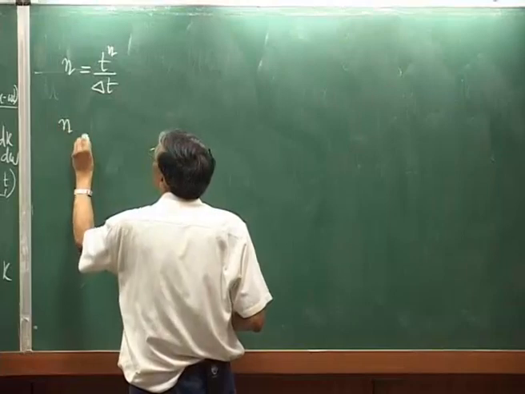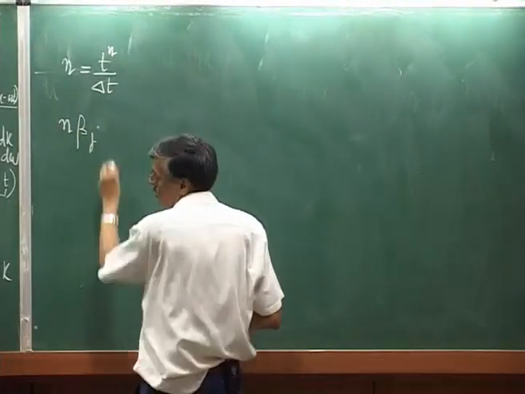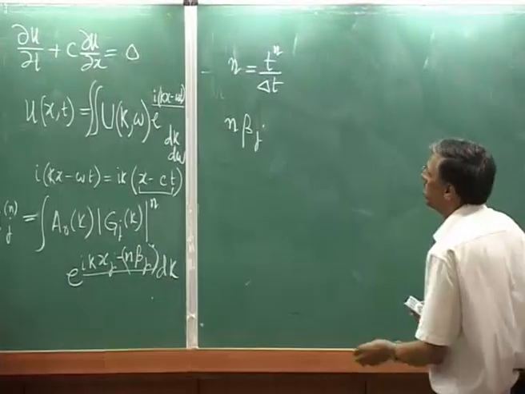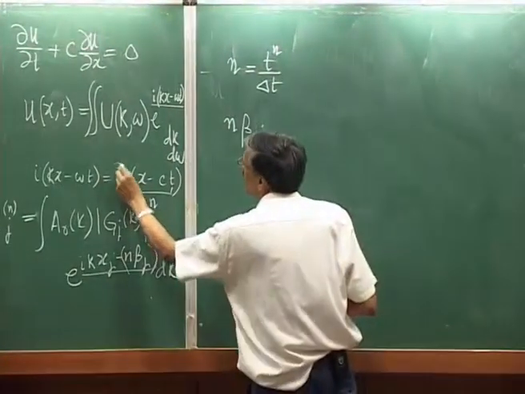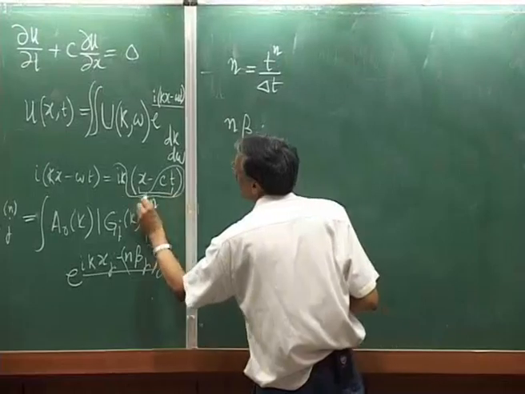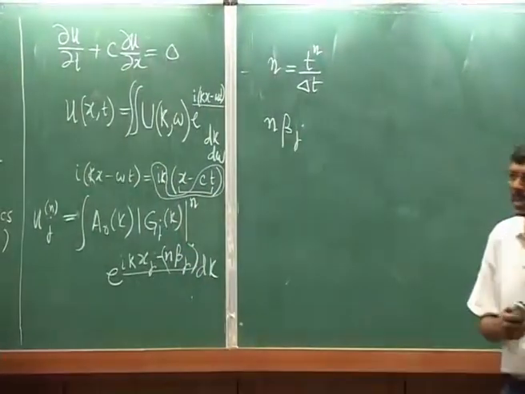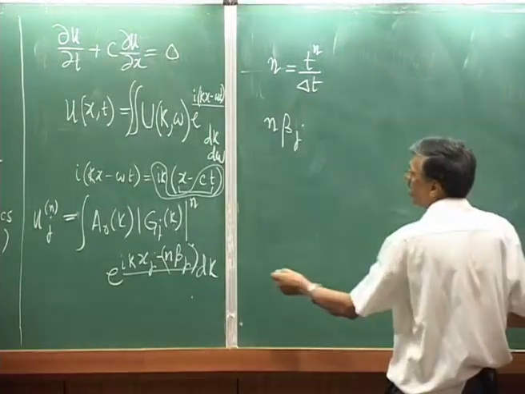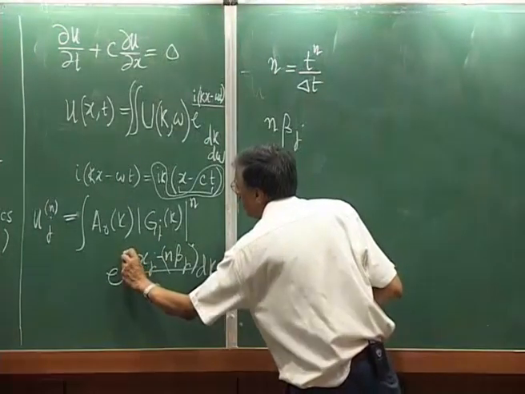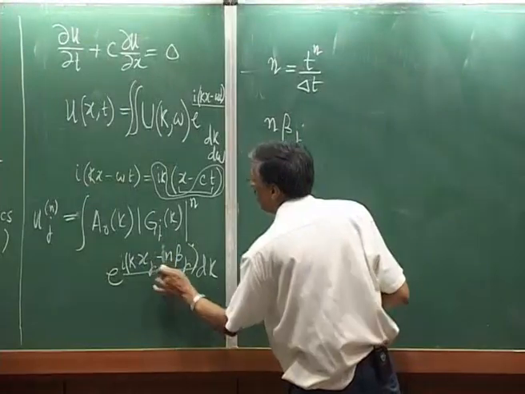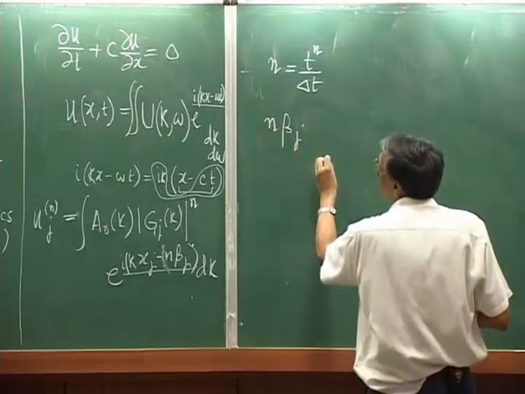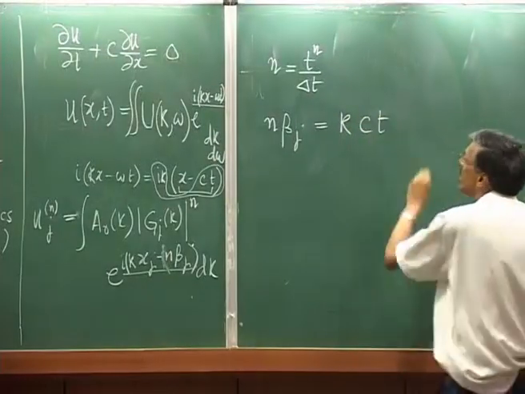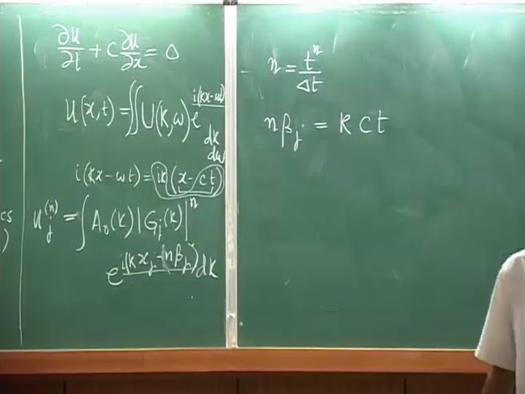N times beta j, that what we are seeing here, that is going to give me something like this, i k c t, right. So, there is an i here also, sorry. So, n beta j should be equal then to k c t if everything was fine and nice.